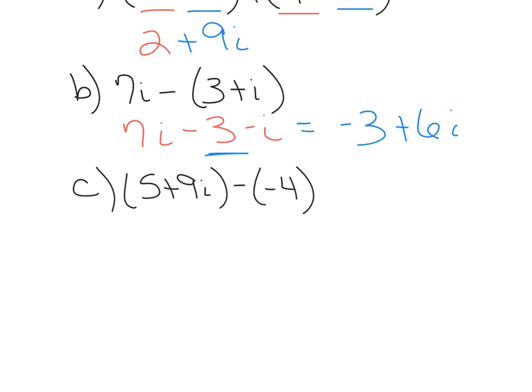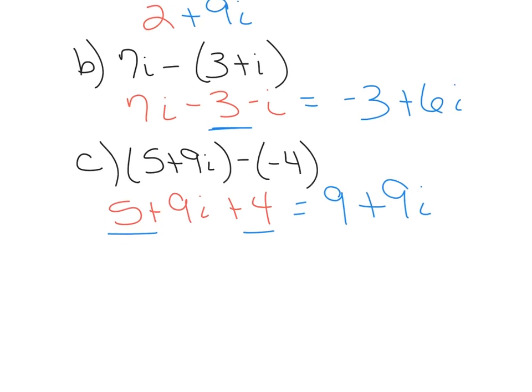So the first thing we're going to do is rewrite this as 5 plus 9i plus 4, since you have those two negatives here. So this turns into a plus 4. Then we add the real numbers together. 5 plus 4 makes 9. And then we have just this one imaginary term. So it'd be plus 9i.